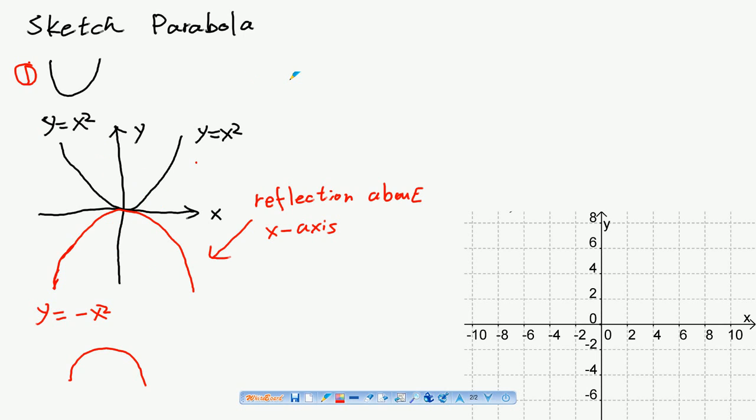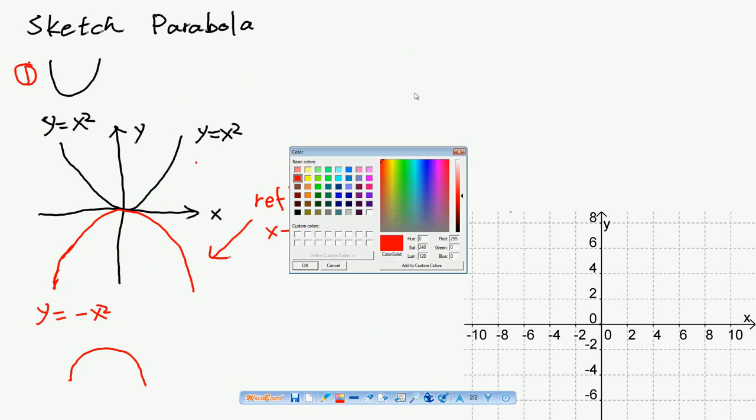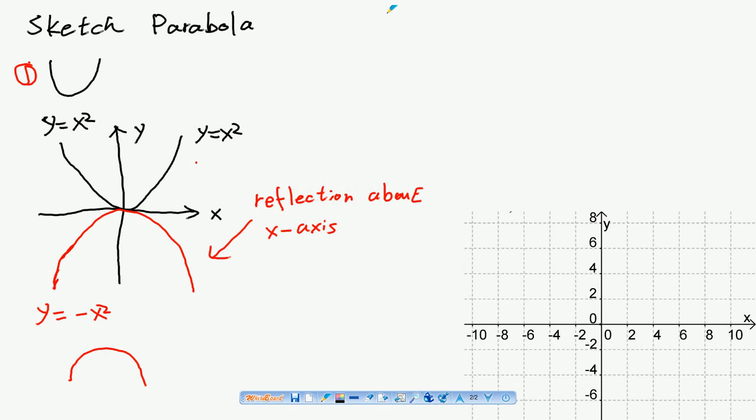The second thing, similar to how to sketch a straight line, is you have to state the x and y intercepts, which is showing where the graph touches the x-axis and the y-axis.